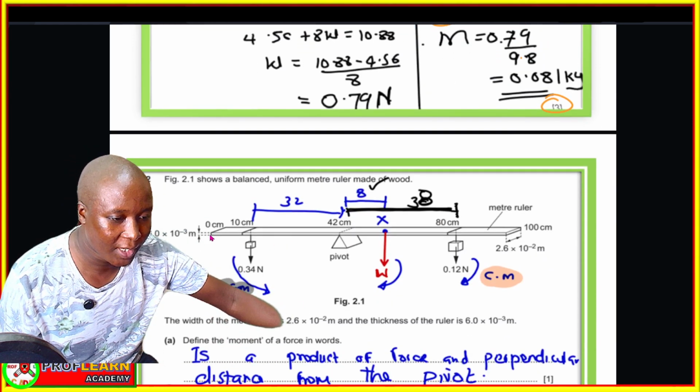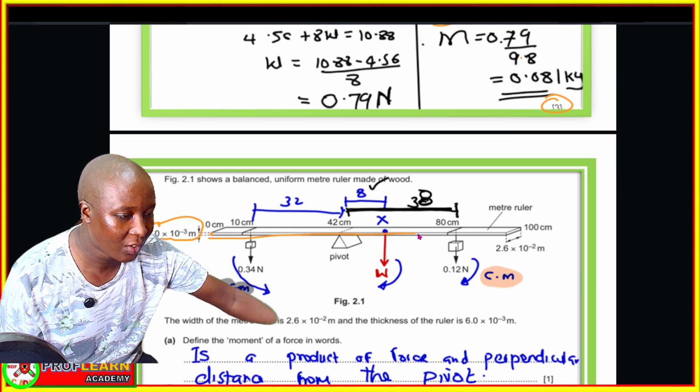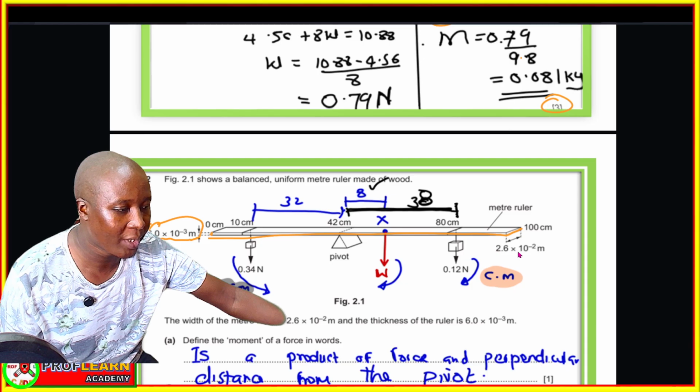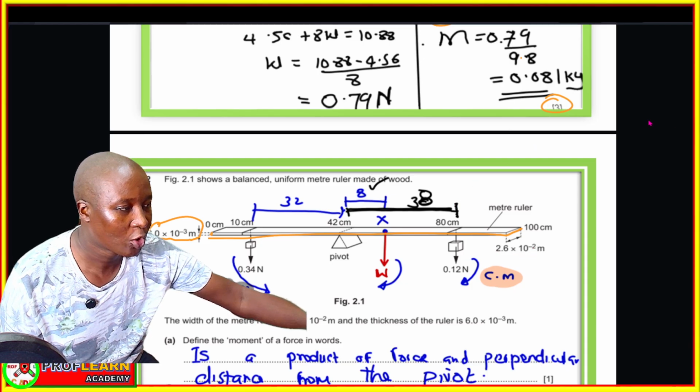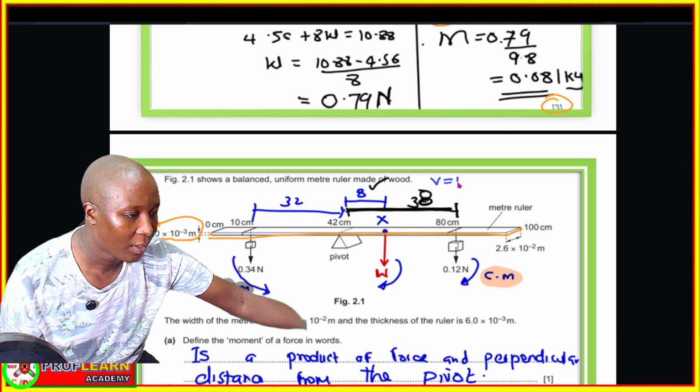We were told the thickness here is 6.0 times 10 raised to power minus 3, and the length of this is 1 meter, and the width is 2.6 times 10 raised to power negative 2. So meaning, the volume is equal to length times width times height.